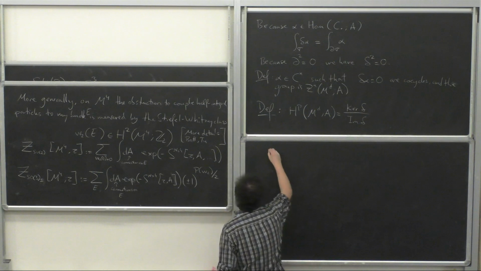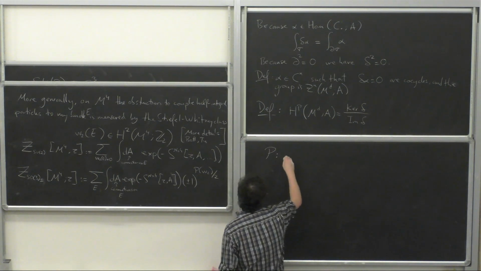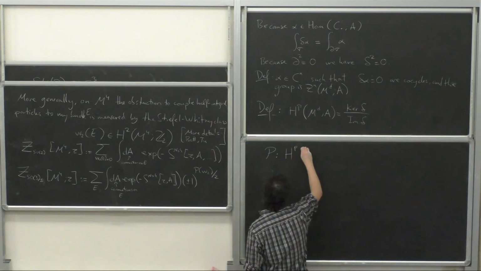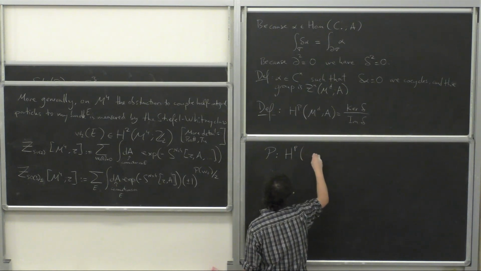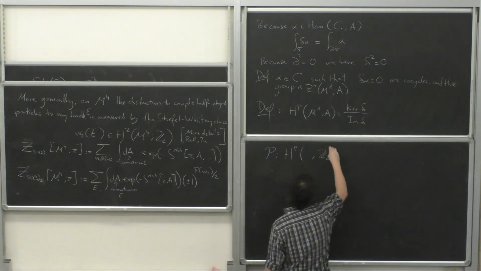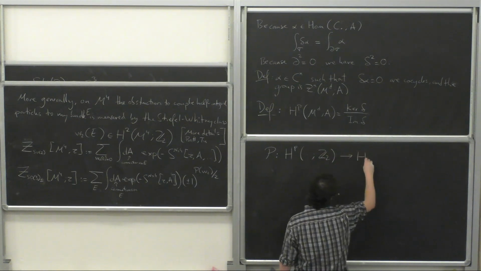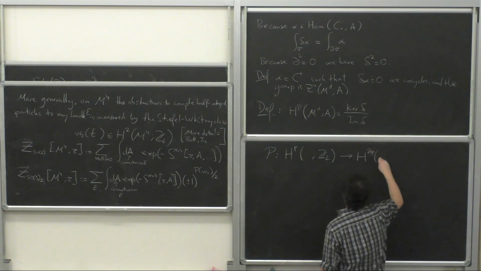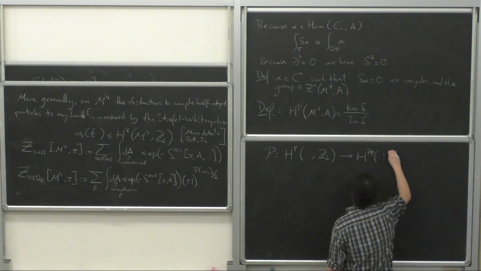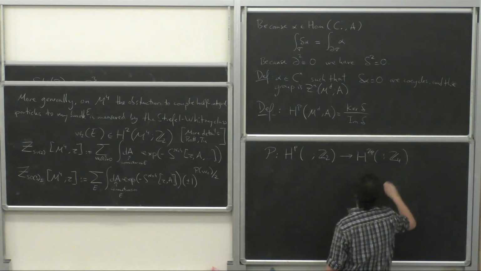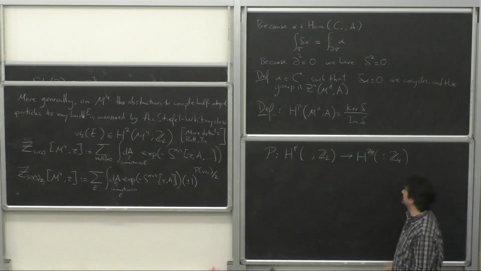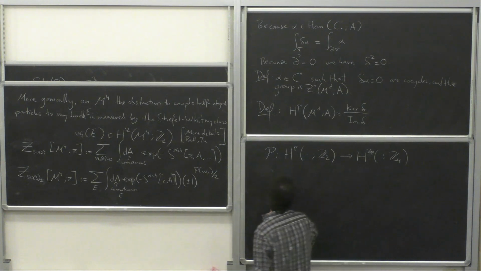So the Pontryagin square, in general, is an operation from H^p of some manifold with coefficients in Z2 to H^2p of some manifold with coefficients in Z4. It can be defined more generally beyond 2 and so on. Some of you might know this, but let me do this simple example.